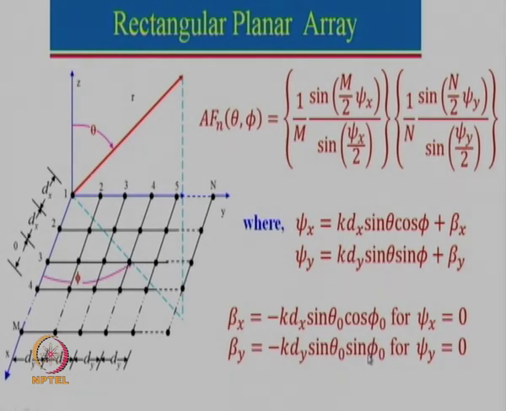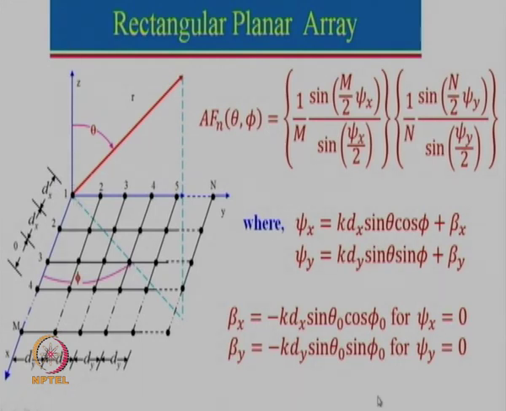Now let us say we want the beam in a particular direction. To start with, if we want the beam maxima in the broadside direction, theta 0 will be equal to 0 and sin 0 is equal to 0. So beta x will be 0 and beta y will be 0. That means all the elements should be fed with the same phase, then the beam maxima will happen in the broadside.